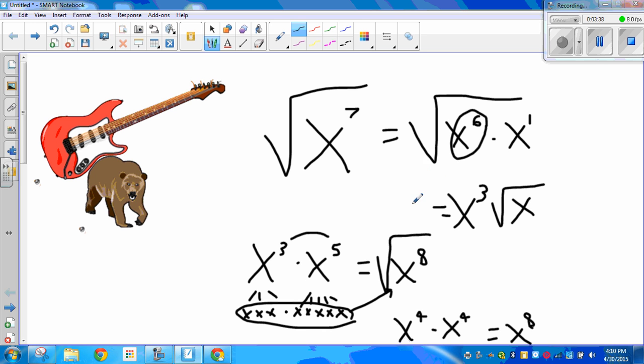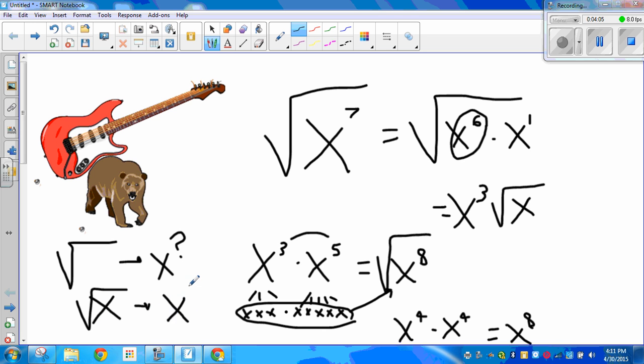In case you're curious about where this whole dividing by 2 comes from, believe it or not, the radical sign is an exponent. The question is, what exponent is the radical sign? If something is square rooted, I'm actually saying it's that number to the 1/2 power.